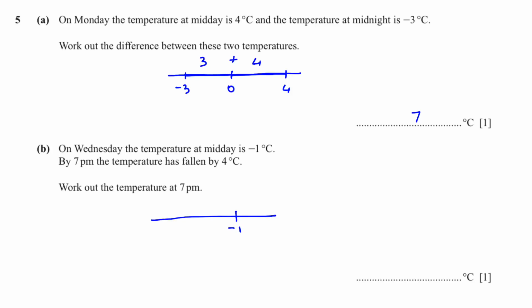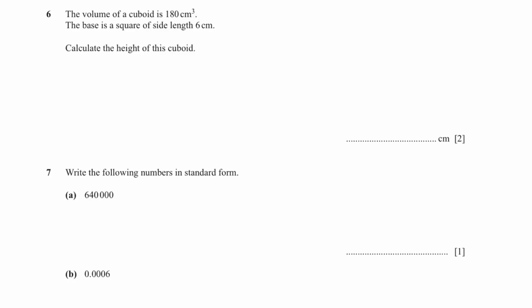When it falls, you move to the left. 1, 2, 3, 4. So this is going to be negative 2, negative 3, negative 4 and negative 5. So what is the temperature at 7 p.m.? Negative 5 degrees centigrade.